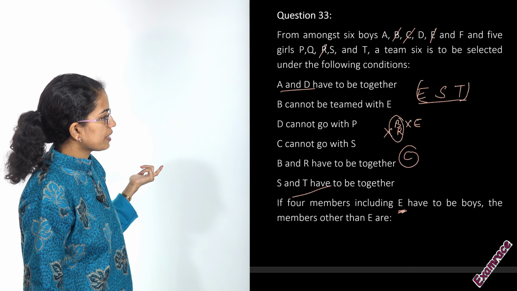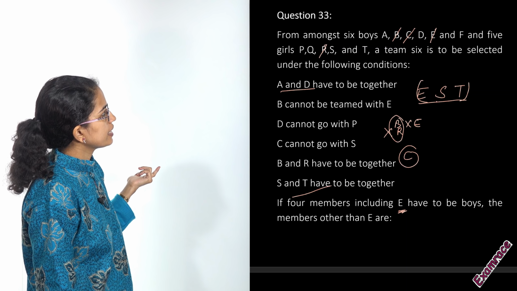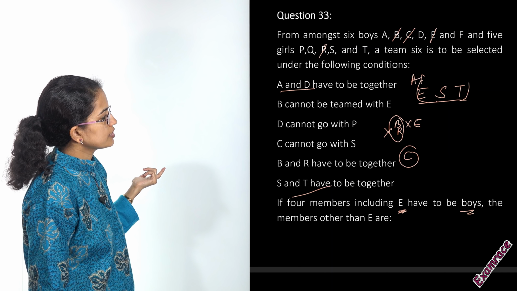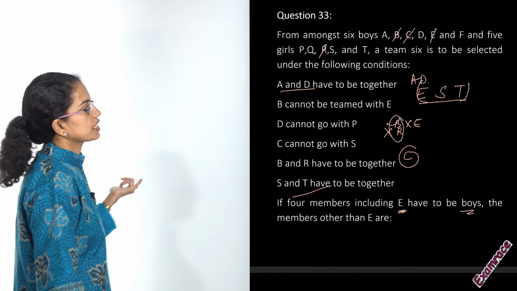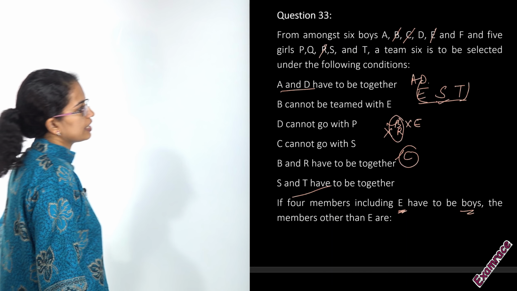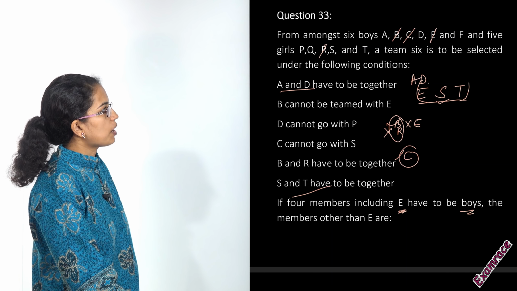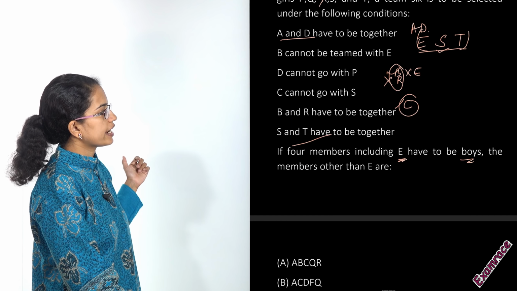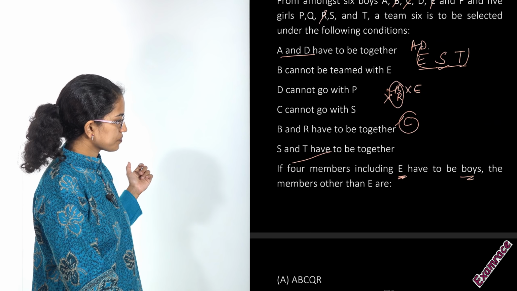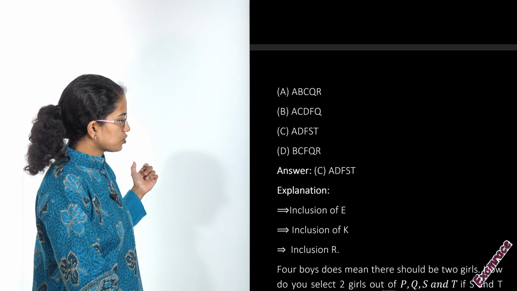So 4 of them have to be boys. So A and D would be the other boys that he would pick up. B has been removed and C has been removed since S has been taken. So you have A, D, E, S and T as the people who would be part of his team, of which S and T would be girls and A, D, E would be boys. So that's the way you solve this question.